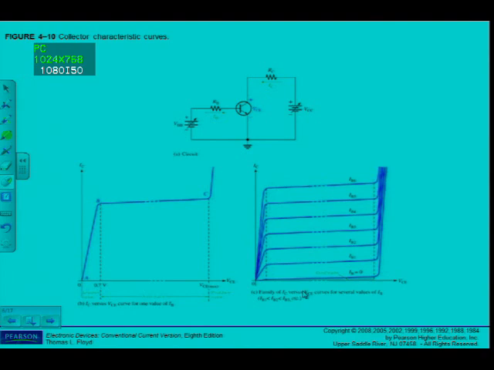Okay, the next thing that I want to discuss here is we're going to draw some collector characteristic curves of the transistor. This is very important that you do know the characteristic curve of the transistor. Always IC against VCE.